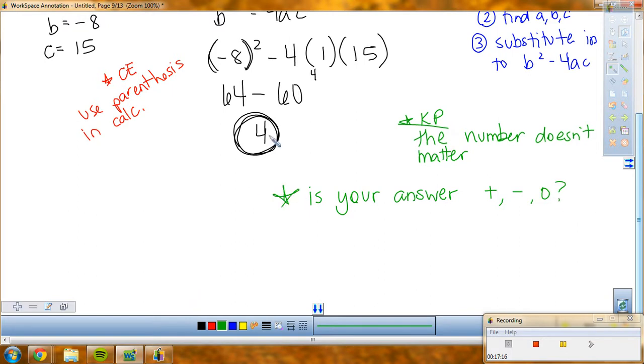So we got a 4. Is our answer positive, negative, or 0? Well, our answer is positive. So that means we have 2 real solutions.